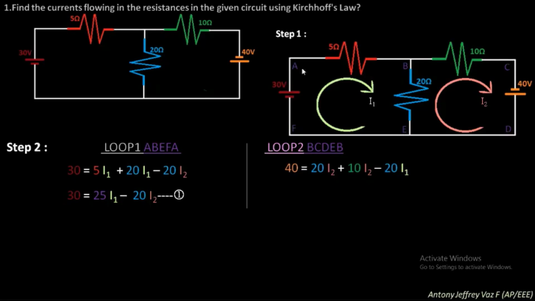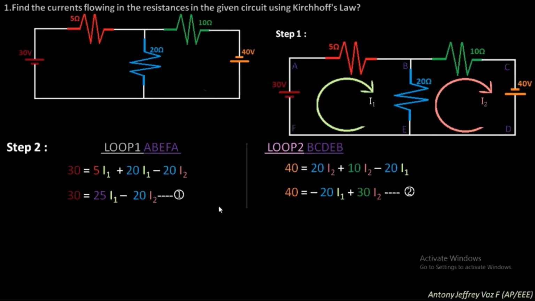For the loop A, B, E, F, you need to check I1 as the reference, so we get minus 20 I2. Whereas in the second loop, B, C, D, E, B, I2 is the reference, so you get minus 20 into I1. Now we simplify the equation: 40 equals minus 20 I1 plus 30 I2, which is the second equation.